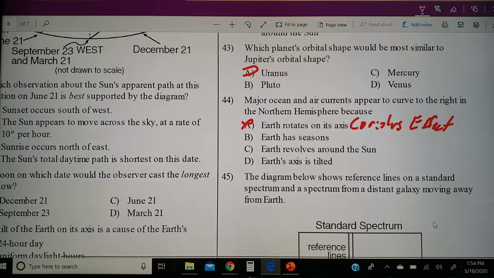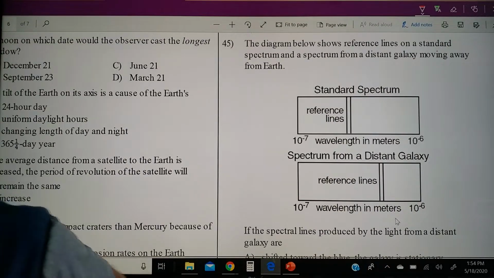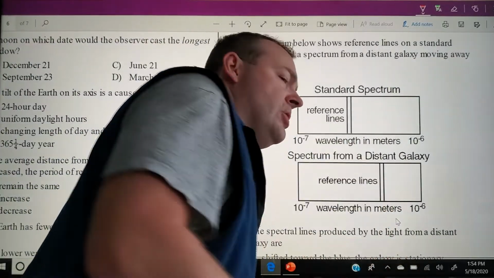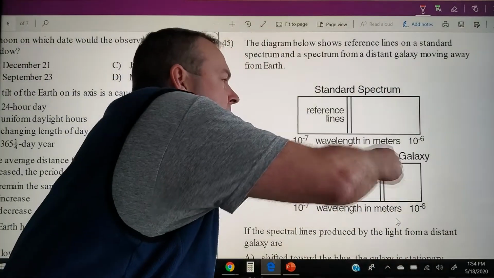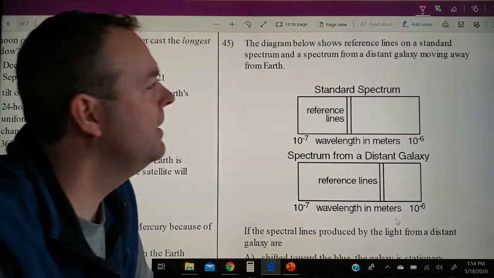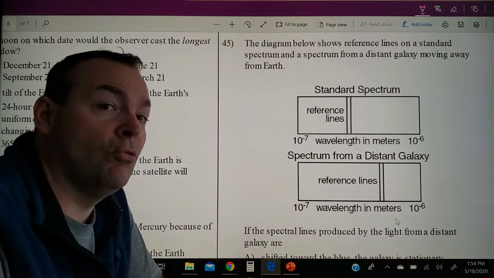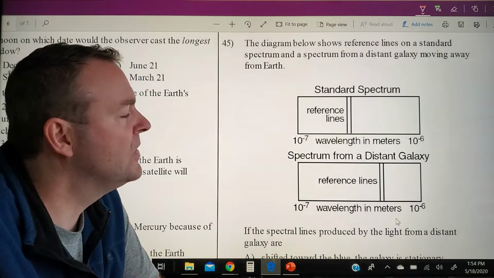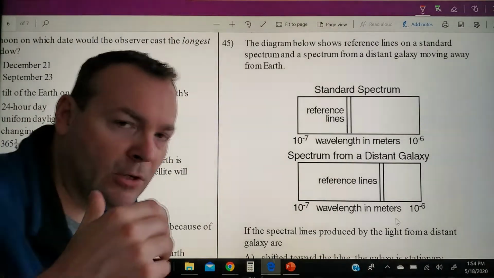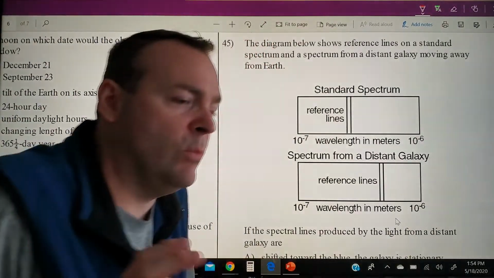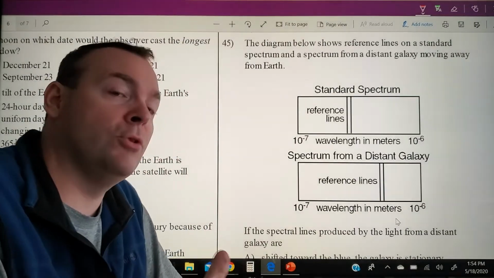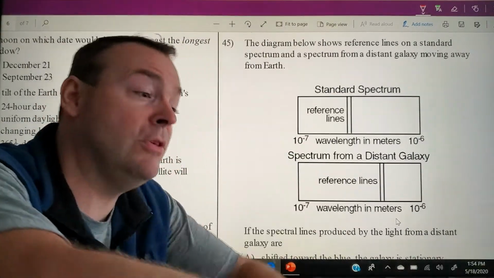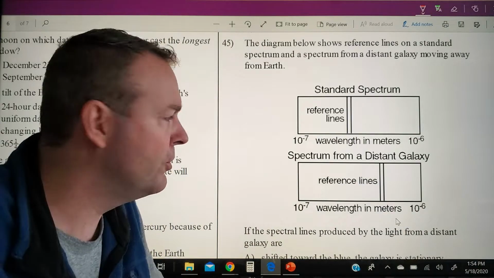Okay. And number 45, kind of a strange diagram, right? See a couple of black lines. They're not directly lined up. This is talking about that whole red shift, that Doppler effect, where if things are coming closer to you, the wavelength gets compressed and it shifts toward the blue, and if it's going away from you, the wavelength gets stretched and it shifts toward the red.